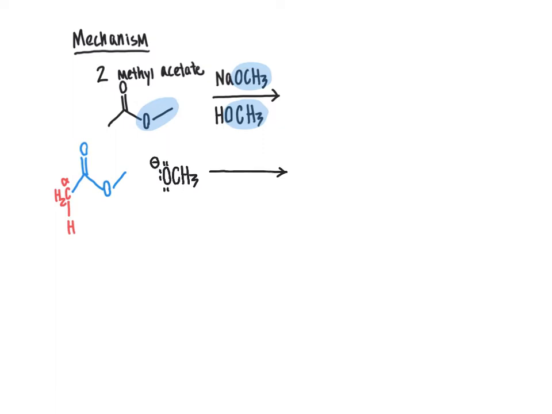So what will happen is that the basic oxygen is going to come in and grab a proton from the alpha position here of our ester. That's going to force the carbon-hydrogen bond to break and those electrons to come up as a lone pair on the carbon atom. I will go ahead and draw out the structure of this product of our reaction step here.